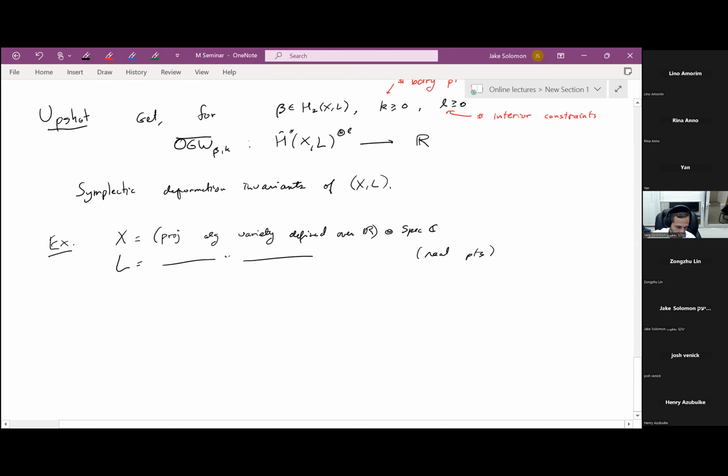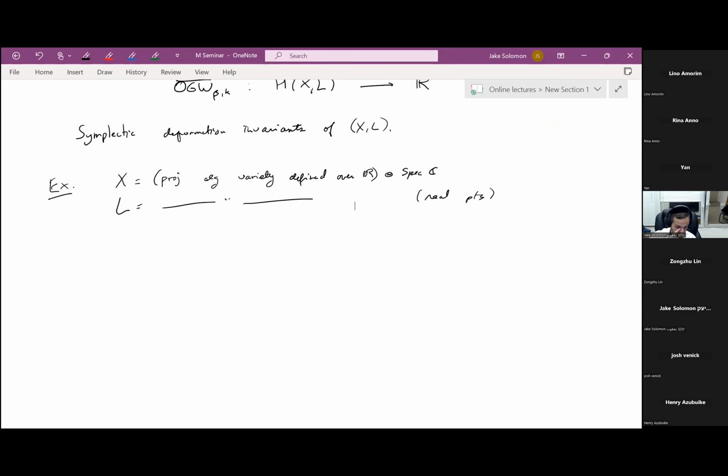I agree. So anyway, the question is, this definition is rather abstract, and can you actually calculate any of these invariants? This is sort of the main question now.